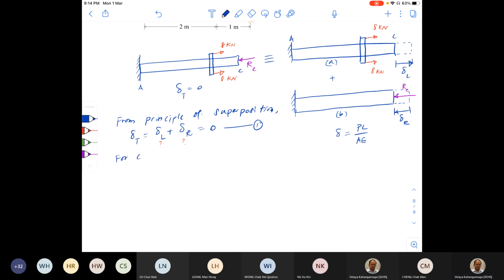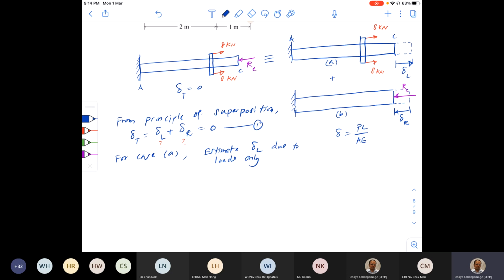For case A, estimate delta L due to loads only, because we apply only loads there, right?